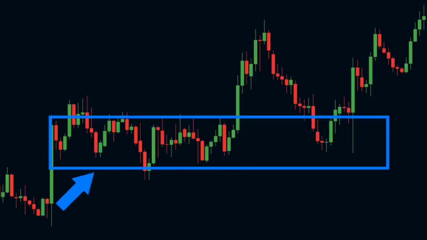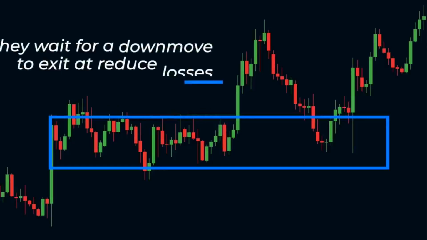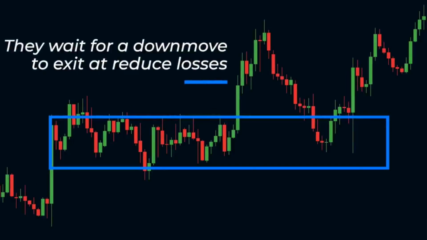Then the price breaks above the value area and it starts to trade higher. When this happens, the sellers who sold here start to lose lots of money. They wait for a down move in price so that they can exit their positions at a reduced loss.